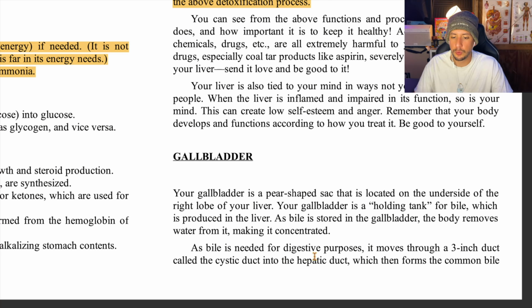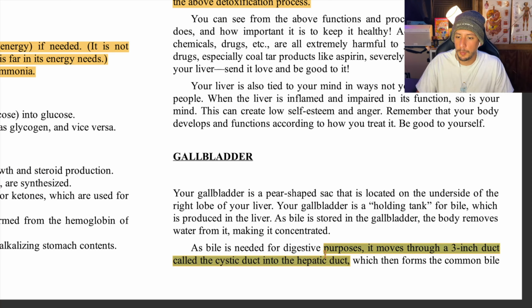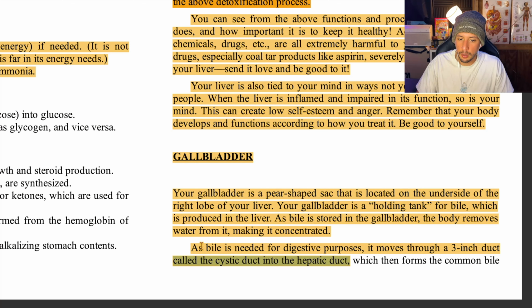As bile is needed for digestive purposes, it moves through a 3-inch duct called the cystic duct into the hepatic duct. So now what we just learned is tying right back into itself. We just learned about all these ducts that go on in the liver, all these ducts that go on in the pancreas, and now they're all coming back into play here to help out with everything.